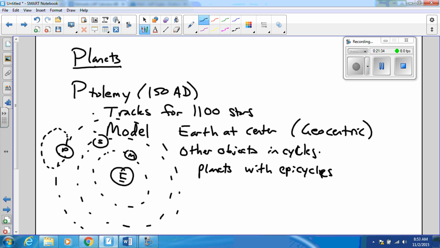It works really, really well. In particular, it worked really, really well for the planting of crops. So this was a practical, useful, and in some ways correct view of the universe, in that it accounts for the observations that we see. Or at least it accounts for the motion of the stars that we see.